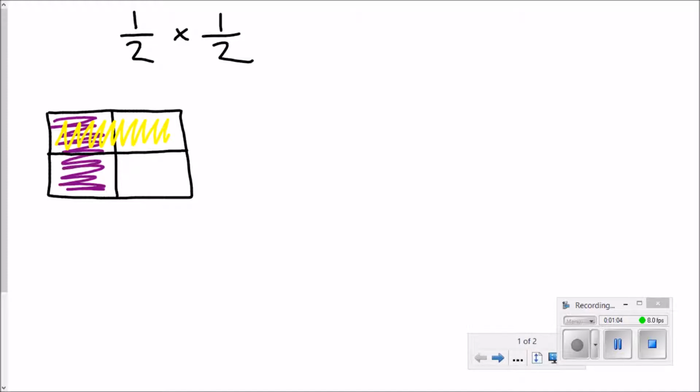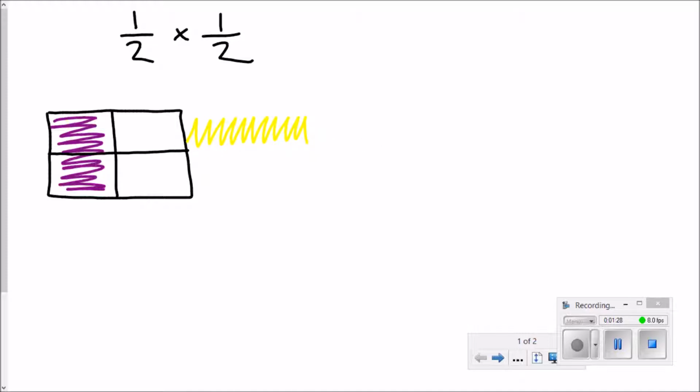in a different color. Now, the primary reason why I first shaded in half was because with this particular problem, we need to think of it as one half of one half. So the first thing I did was I shaded in this purple half.